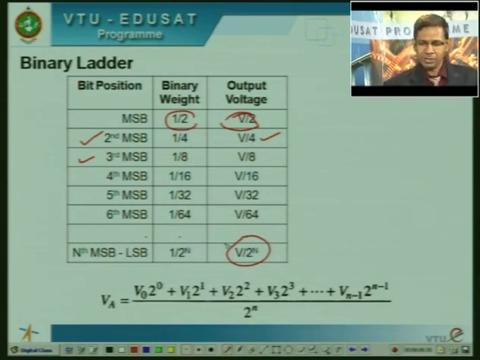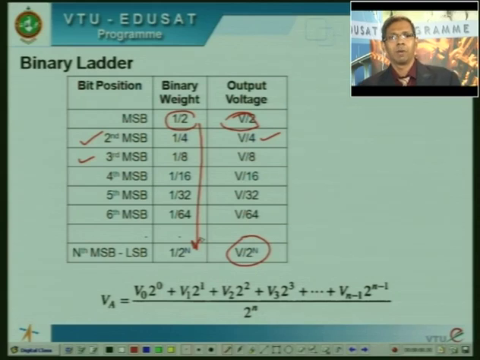So the binary weights also change in the order starting from 1 upon 2 for MSB all the way up to 1 upon 2 raised to n for an n bit. So what then becomes a generic expression for any given input voltage, which is the digital voltage? That is given by a very similar expression that we had for a variable resistor binary network.